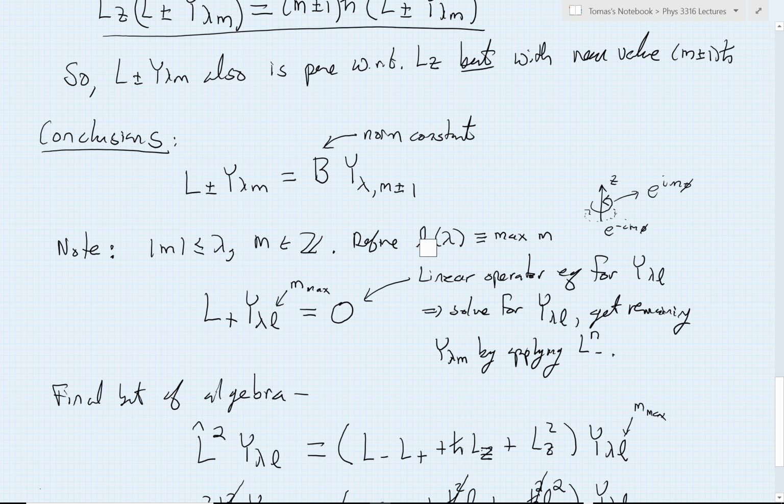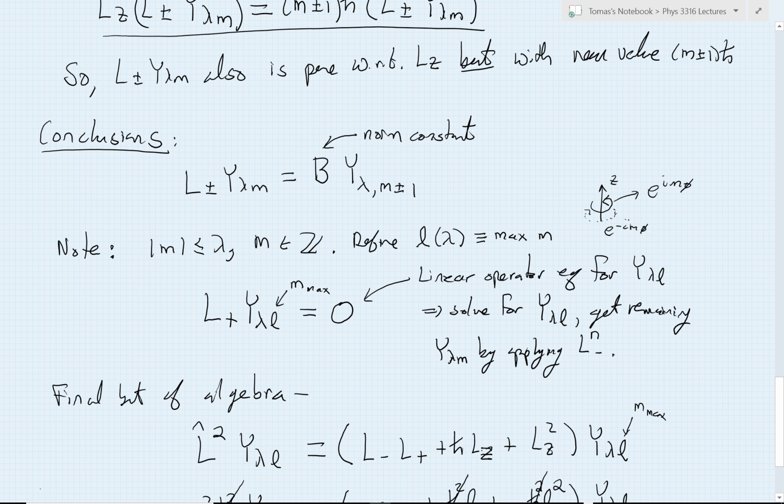So therefore, if there are any values of m for a given lambda, if the maximum one were negative, I get into a contradiction because I can know from any of the negative ones I can generate positive values. So I know there are positive values for m, or at least not negative values. The one exception is, well, if m is 0, then I'm just stuck at 0.